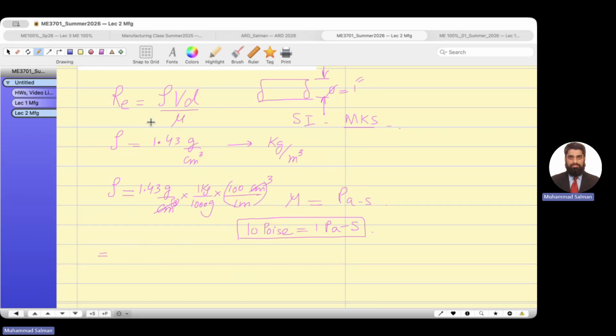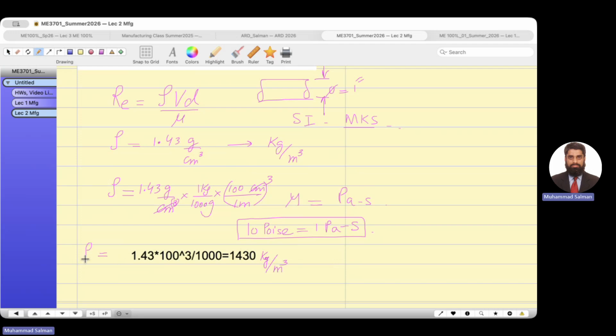Let me do the math and help you. 1.43 times 100 to the power 3 divided by 1000, I get 1430. So let's write it down: 1430 kilogram per meter cubed.